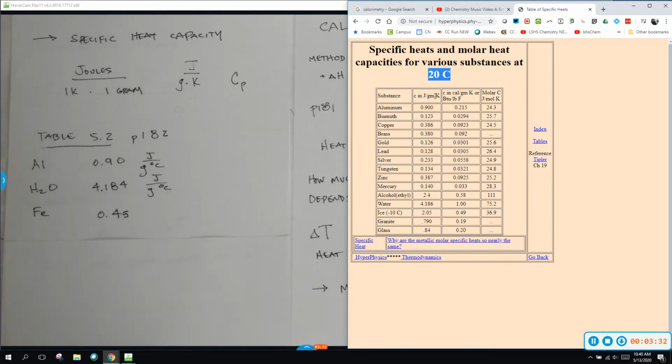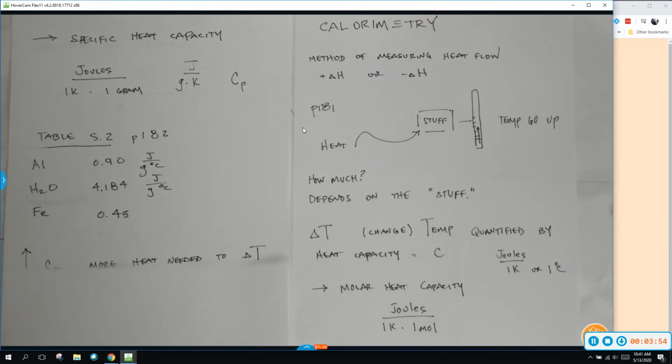Iron and many metals are under a half a joule per gram degrees Celsius. You can see brass is 0.38, zinc is like 0.387, and then you can look at some other ones like copper and gold and lead as well, all fairly small specific heat capacities.